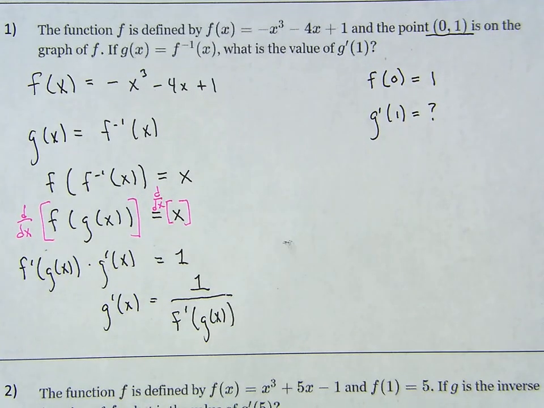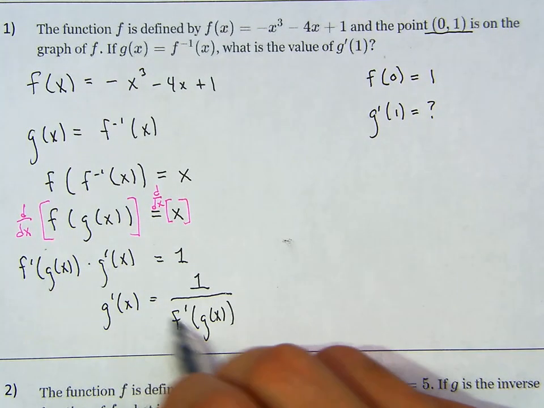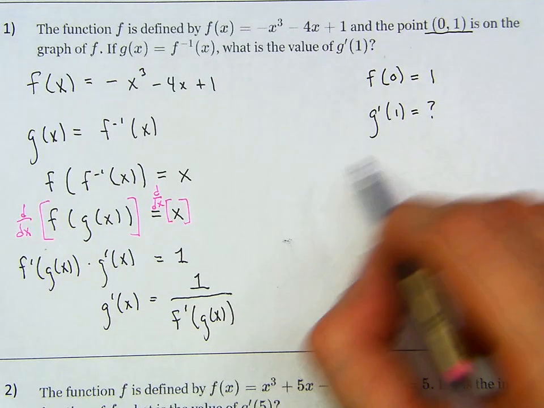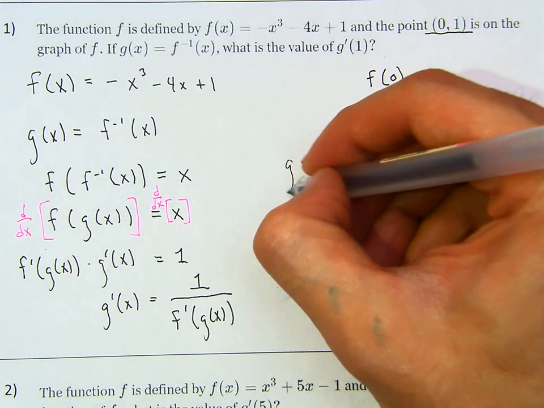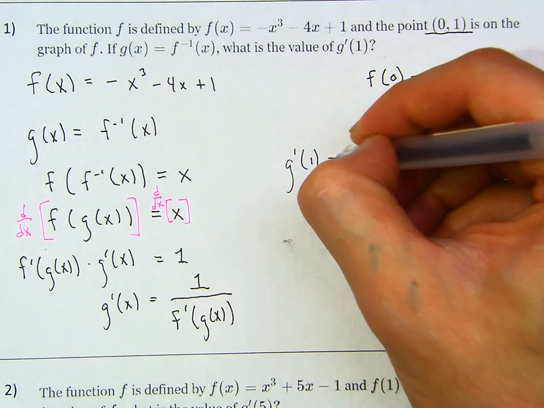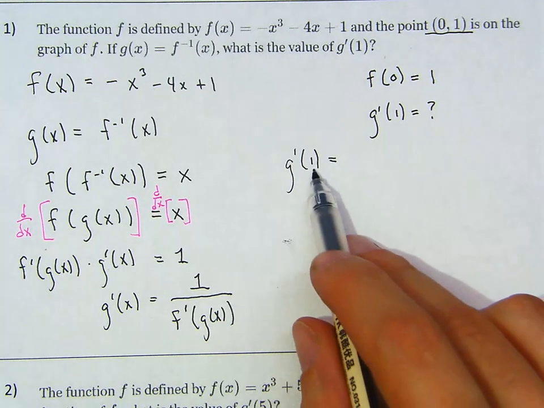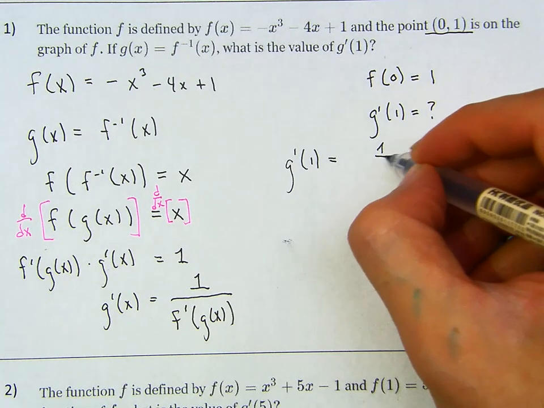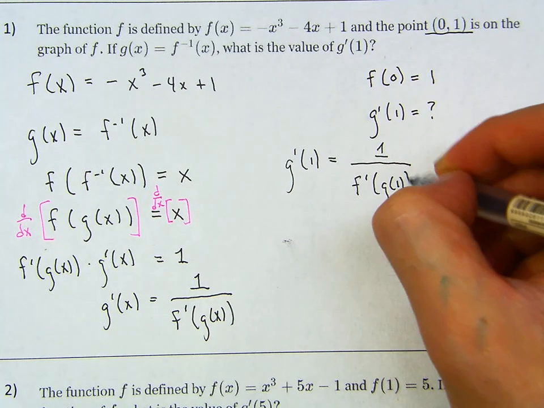Okay? So far, yeah, so we have this. But then how does having this help us get that? So let's see, what does the question say? It says we want g prime of 1. So if I do g prime of 1, anywhere I see x, I'm going to put a 1. So this becomes 1 over f prime of g of 1.